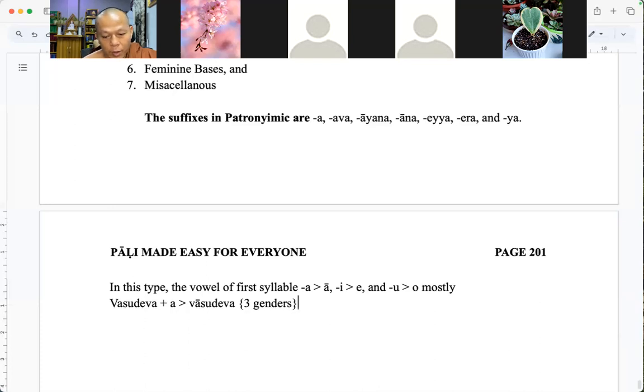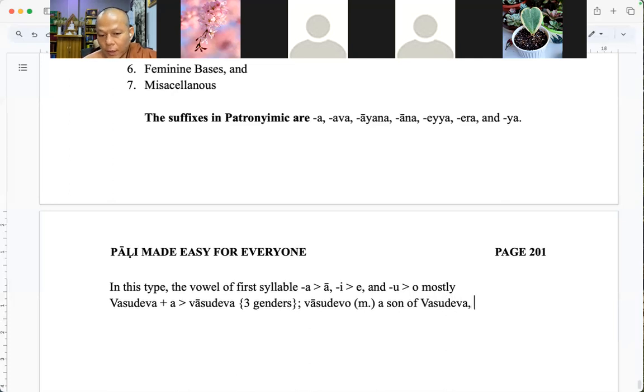So for example, Vāsudeva as a masculine, that is masculine gender, may be a son or maybe a grandson or something like that. So a son of Vasudeva.